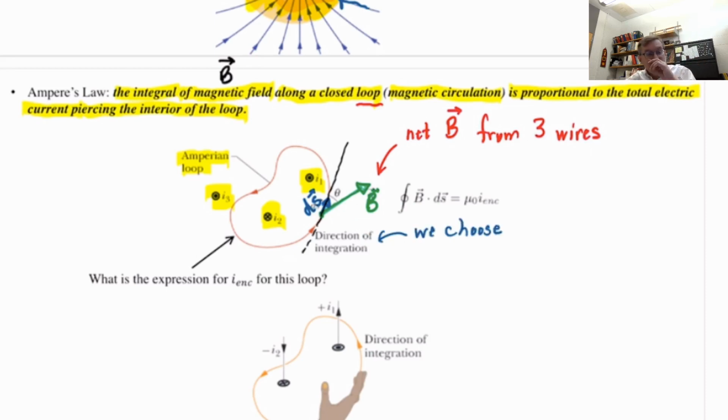We chose the ds to be basically as close as you can get to the direction of B. All right, and now we're going to calculate B dot ds.